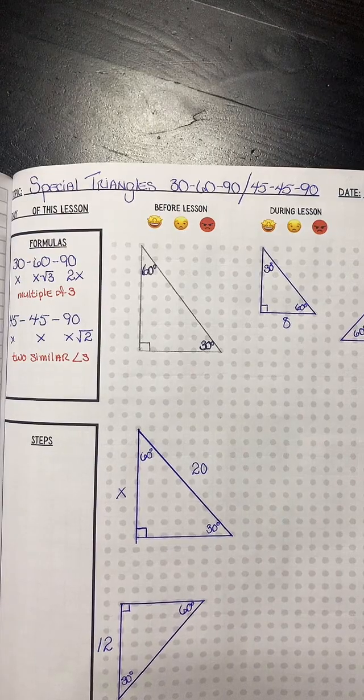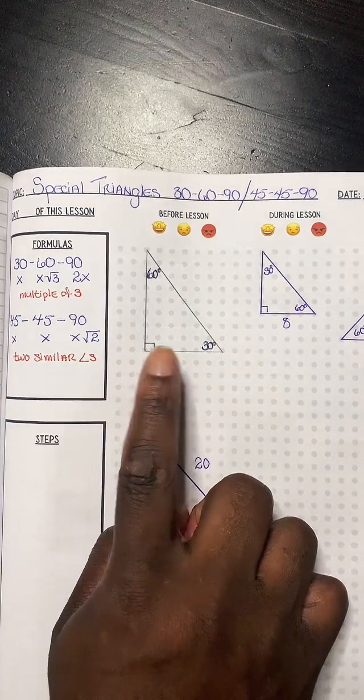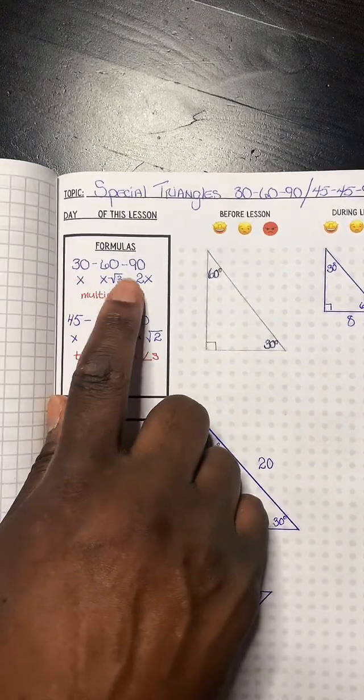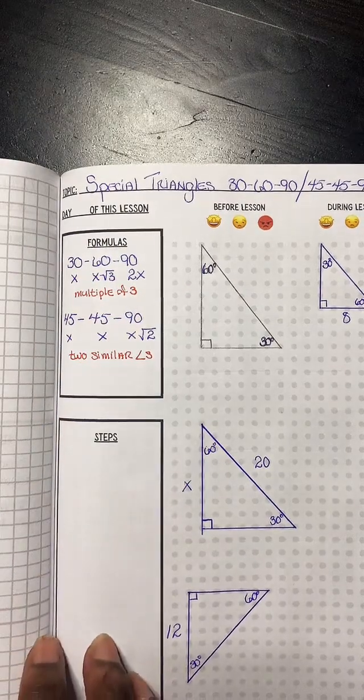So today we're actually going to be looking at what's called special triangles. Special triangles are used when you have 90 degrees, or right triangles. There are certain formulas, and I noticed that in some assessments, they mostly have what's called a 30, 60, 90 degree triangle.